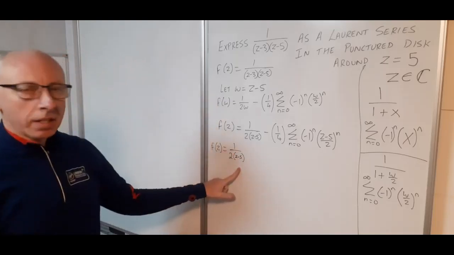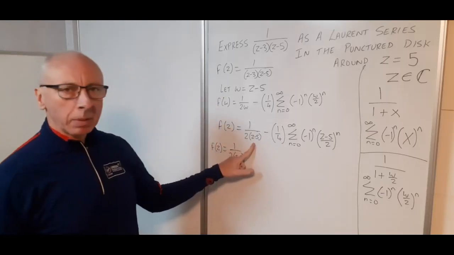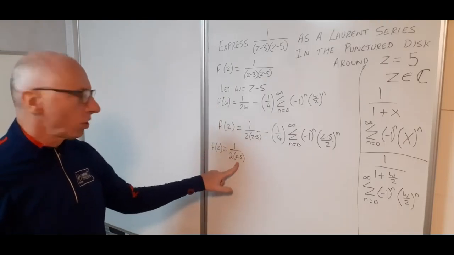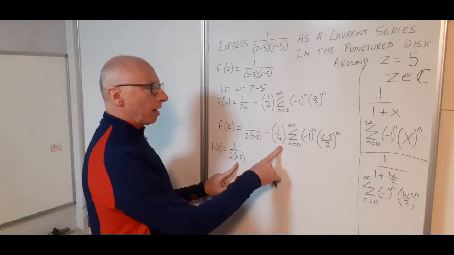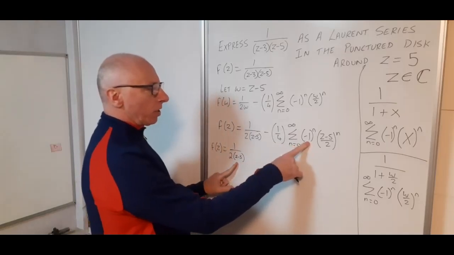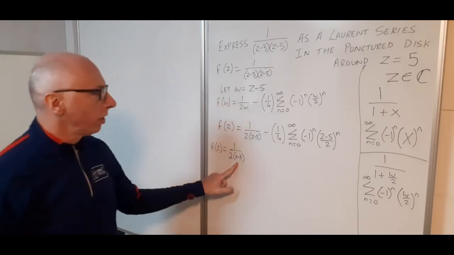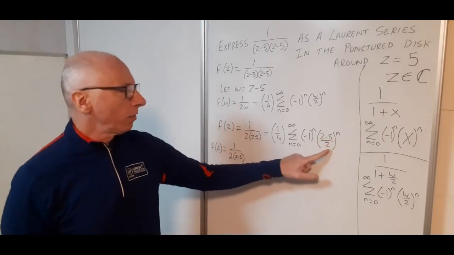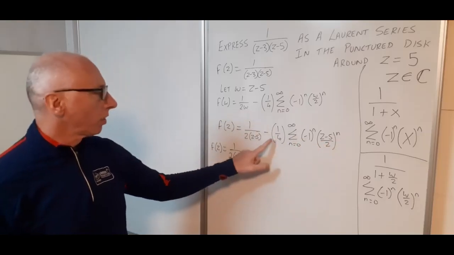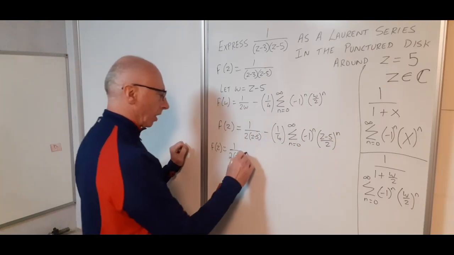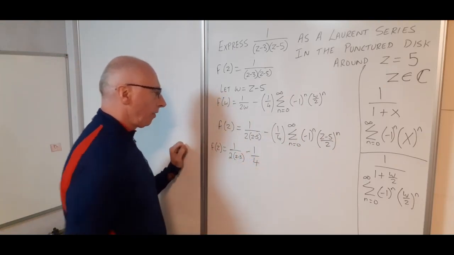So that's fine for n equals 0, and that would be included for all, so that just stays on its own as a first term. Then when n is 0, I've got minus 1 to the 0, which is just 1. Z minus 5 over 2 to 0, which is also 1. So this just becomes 1. So I've got minus 1/4. So that takes care of that.